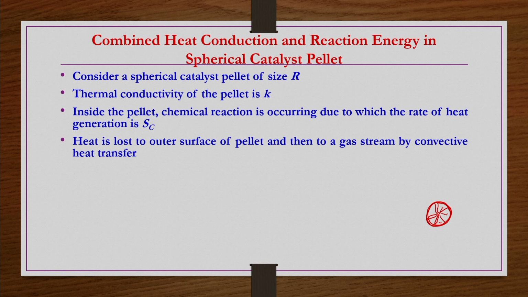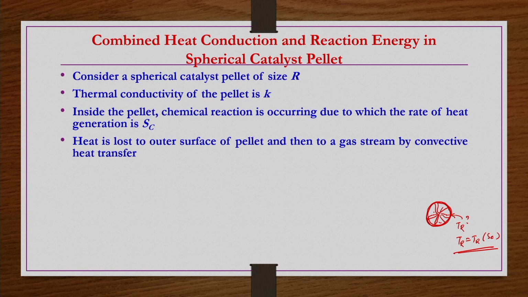In this case we will not have isothermal conditions. At this surface what is the temperature, we do not know, because now the reaction is taking place inside the catalyst. So, depending on that Sc, whatever heat generation is there, the temperature on the surface, let us say you designate as Tr. That Tr is not a constant, it is a function of the heat generation because of the chemical reaction.